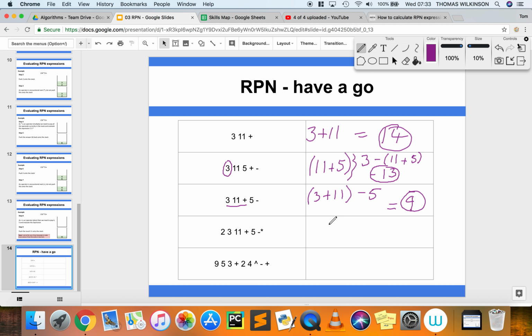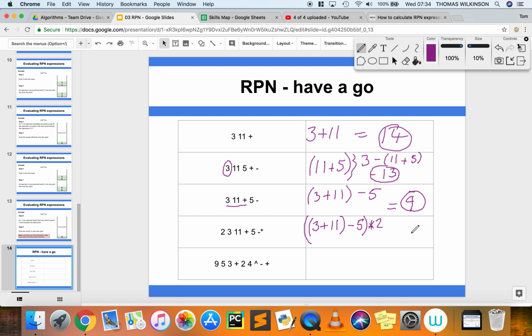So essentially this equation has been written as 3 plus 11 minus 5, and then if I was going to write it out, I would say it's been written like that actually. So the final answer is going to be 3 and 11, which is 14, minus 5 to give us 9, times it by 2 to give us an answer of 18.